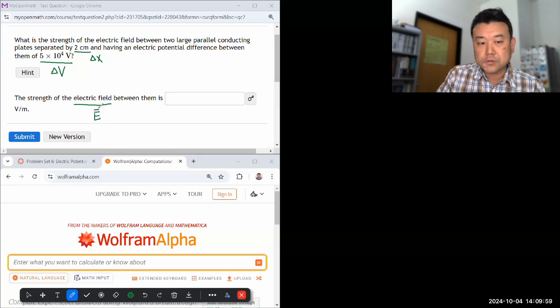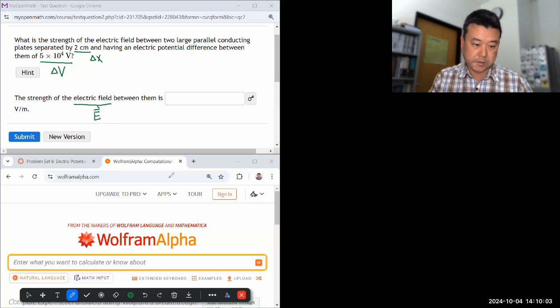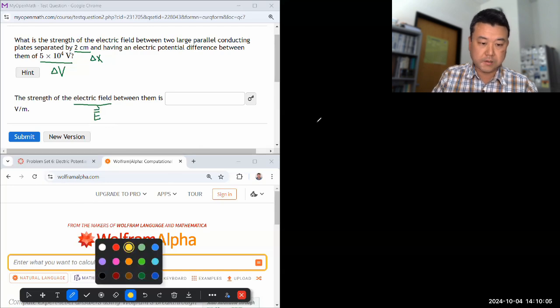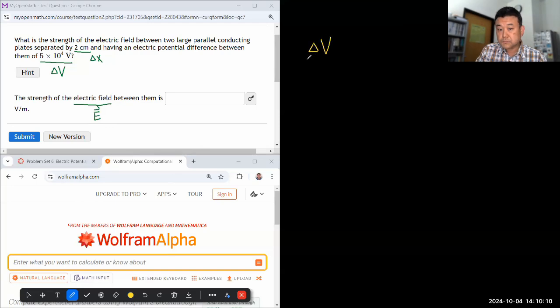And being told or being asked about these quantities, it reminds me of the definition of voltage, which let me write here for reference. The voltage change going from, say, point A to B, and let's make this easy, let's say electric field is constant.